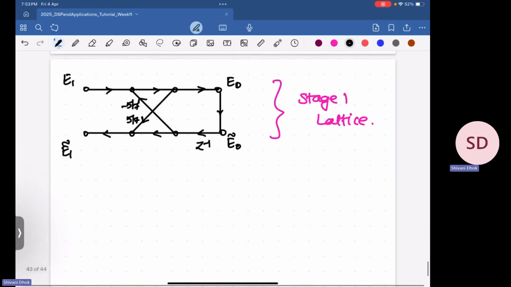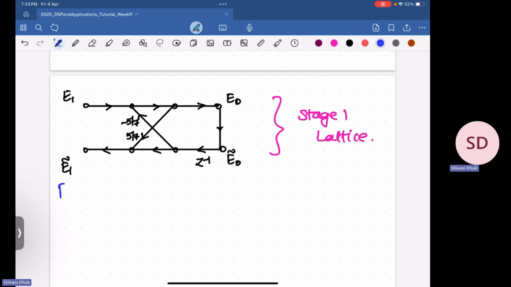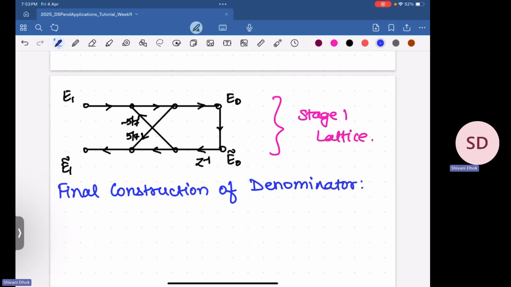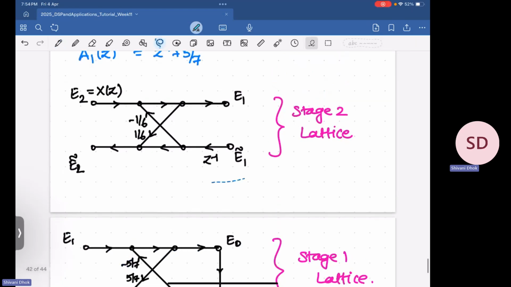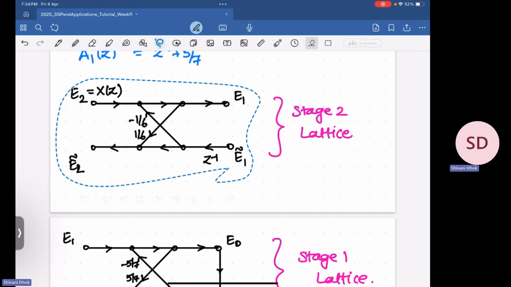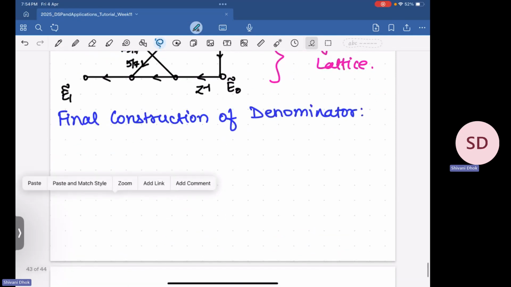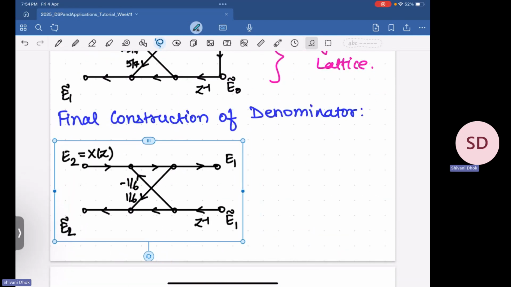Okay. So now let us construct the denominator. So the final construction of the denominator is given by cascading these systems. I'll take this and copy it, and paste it here.